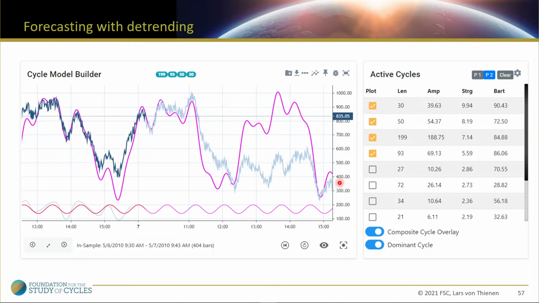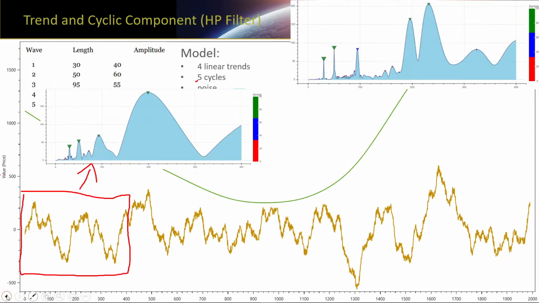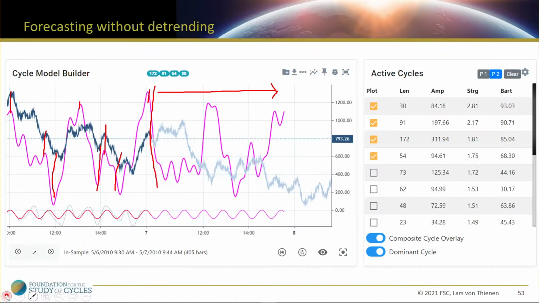So here you see the clear difference by using the forecast of the spotted cycles from the detrended version, which gives you good turning points even in the out-of-sample period.